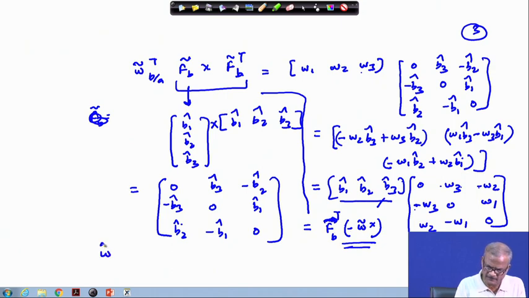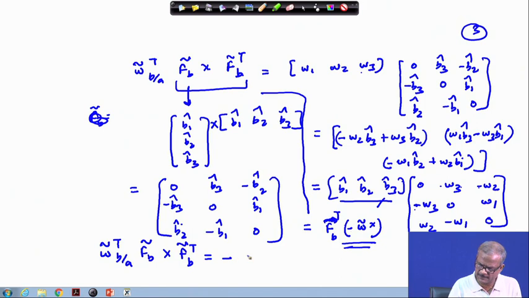So, what we are getting: omega tilde transpose B slash A, F B tilde cross, F tilde transpose B, this equals minus F tilde transpose B times omega tilde cross, and this can be utilized in the expression that we have got.